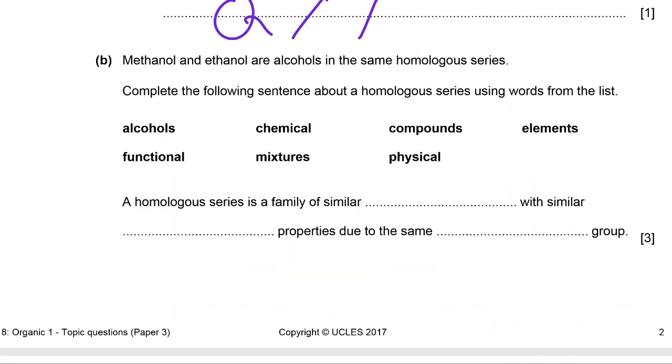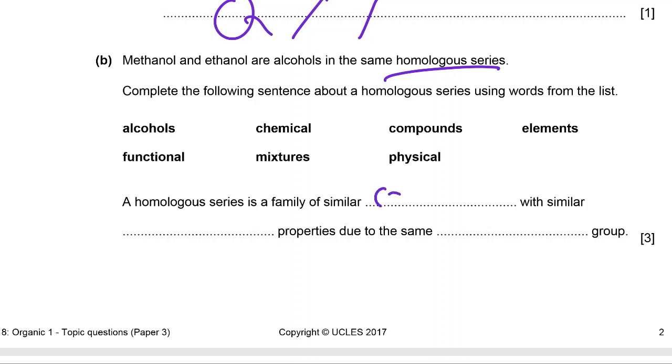Here in this equation, methanol and ethanol are alcohols in the same homologous series, the same family. Complete the following sentence about the homologous series using words from the list. You have alcohols, chemical, compounds, elements, functional, mixture, physical. So a homologous series is a family of similar, what?